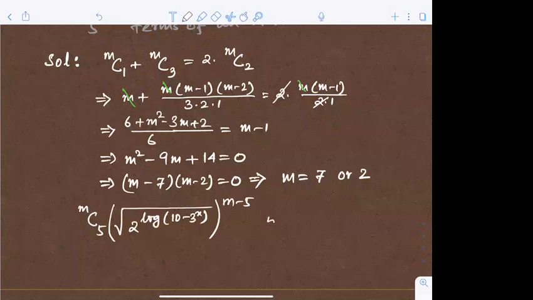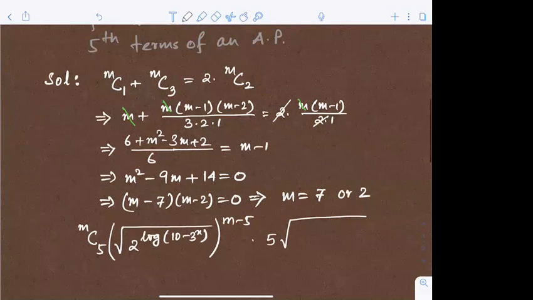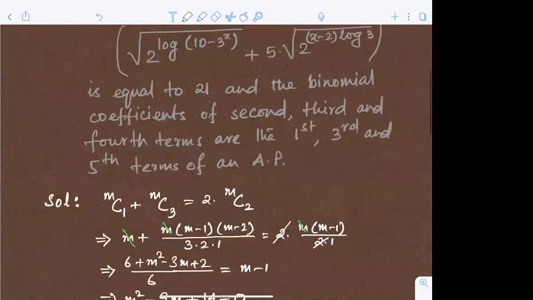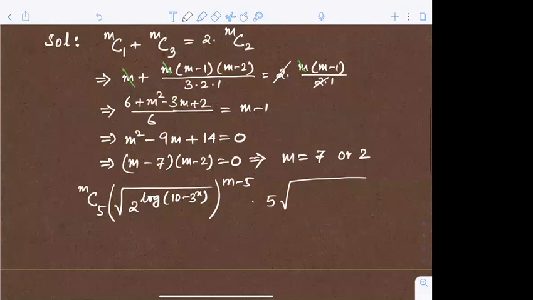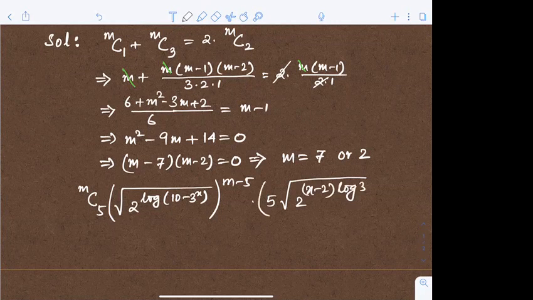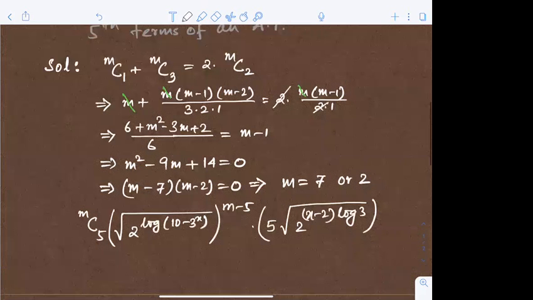Second term হচ্ছে 5 root under 2 to the power x minus 2 log 3 whole to the power কত 5. This should be equal to 21.